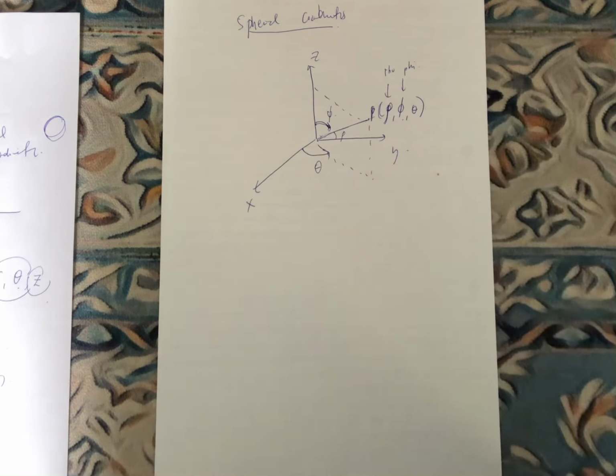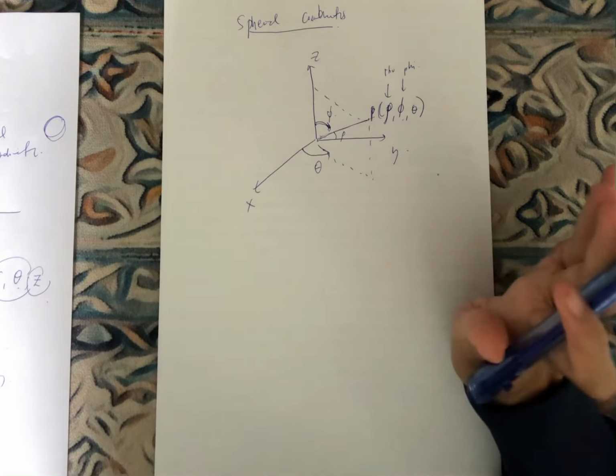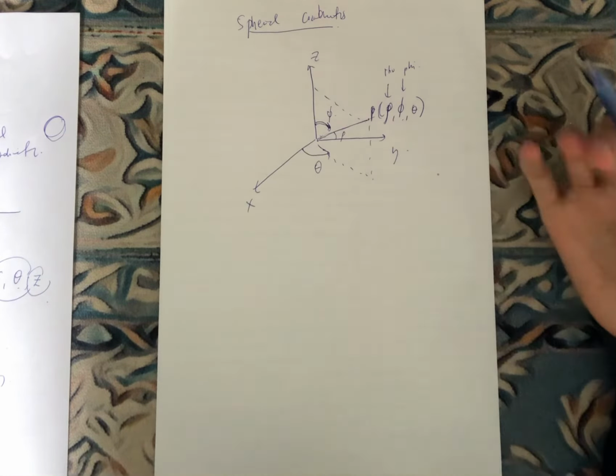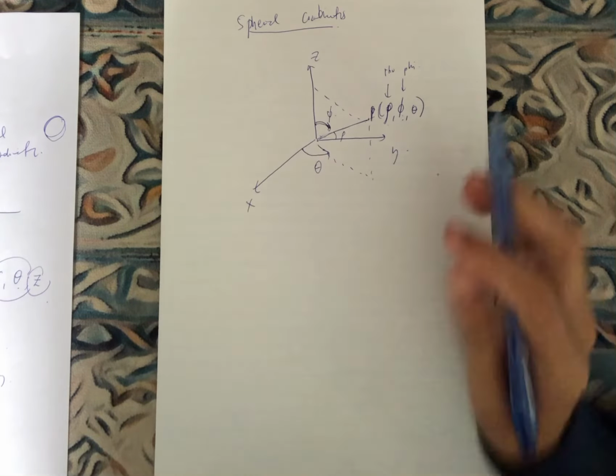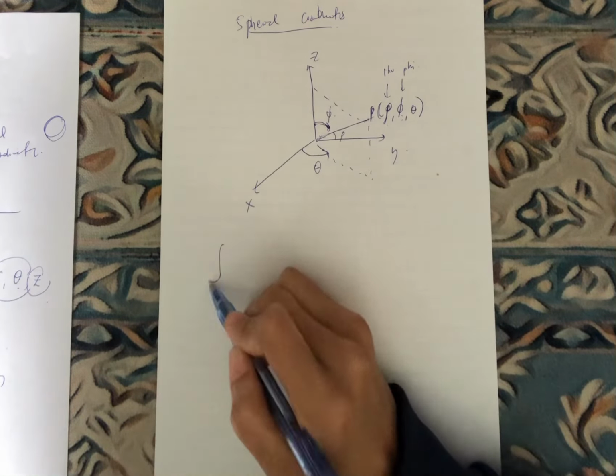So now, as you can see, we have new variables involved. It's no longer x, y, z. It will be rho, phi, theta. So what's the substitution that you need to make here?